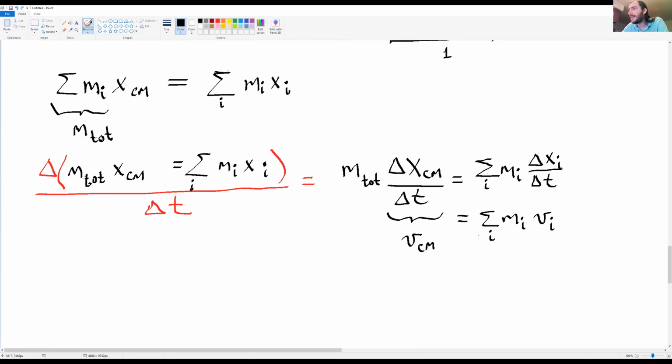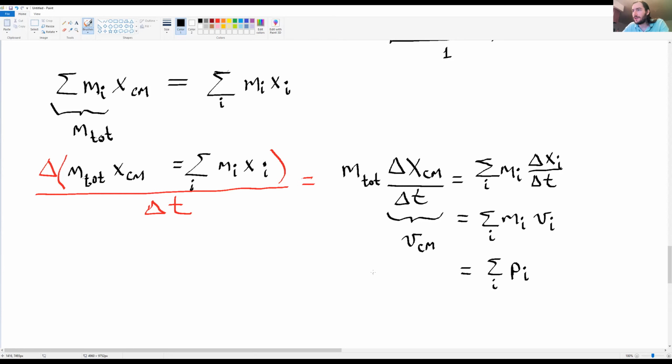You might recognize this as the sum of all of the momenta of those masses. So the sum of all of the individual momenta of those masses in that galaxy, all the stars, all the planets and their moons, and all the asteroids and comets, all combine.